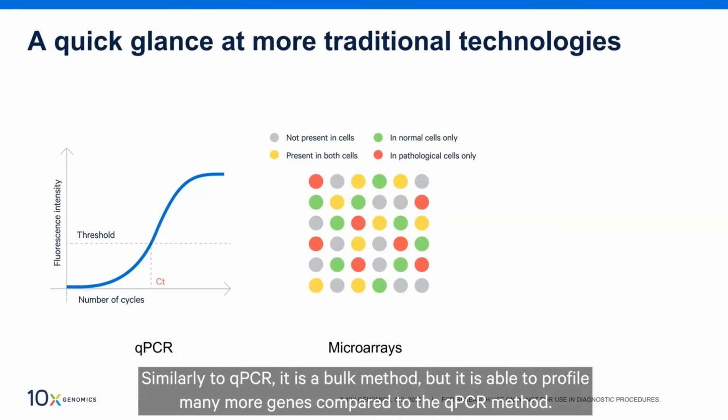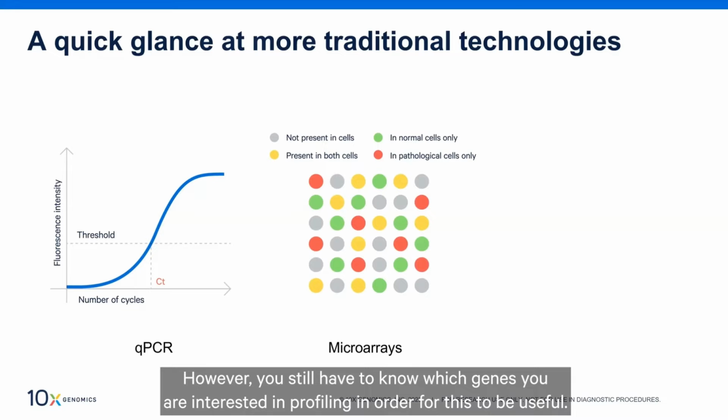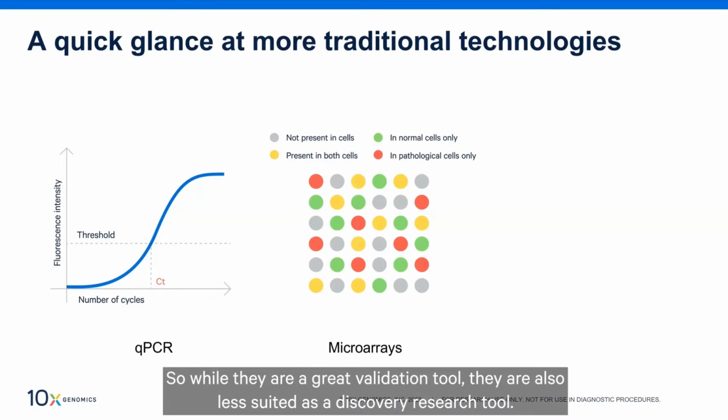Similarly to qPCR, it is a bulk method, but it is able to profile many more genes compared to the qPCR method. However, you still have to know which genes you're interested in profiling in order for this to be useful. So while they are a great validation tool, they are less suited as a discovery research tool.